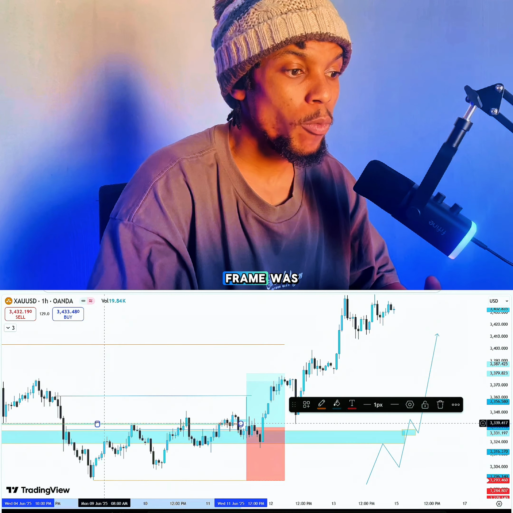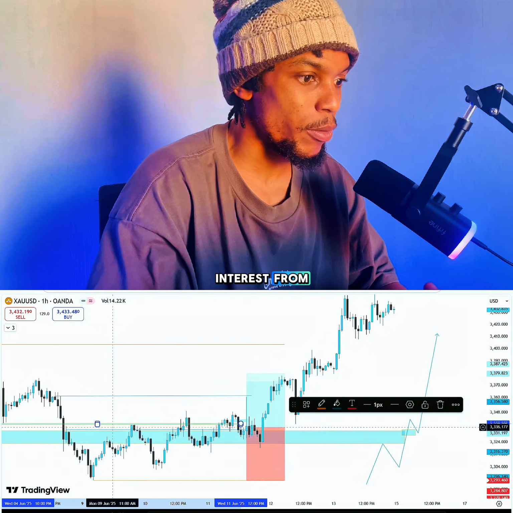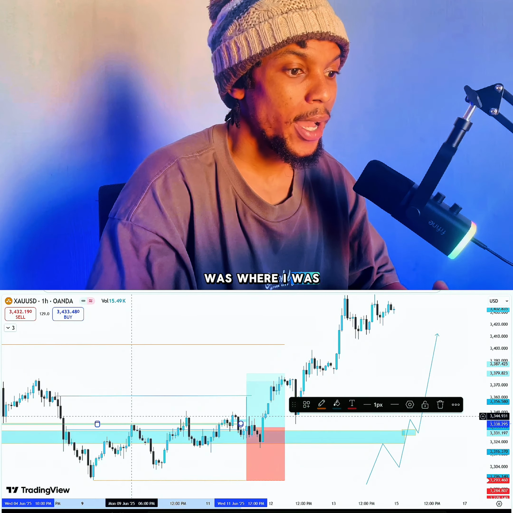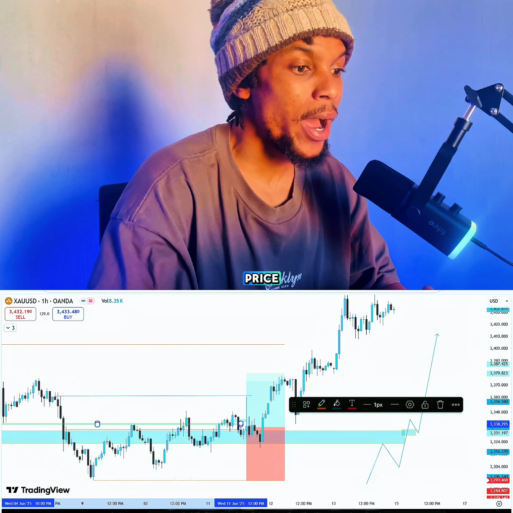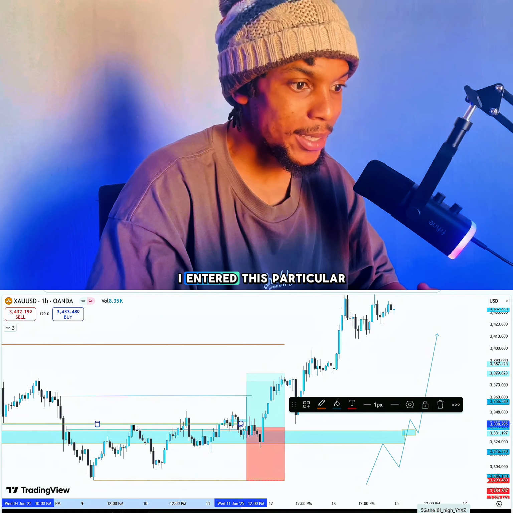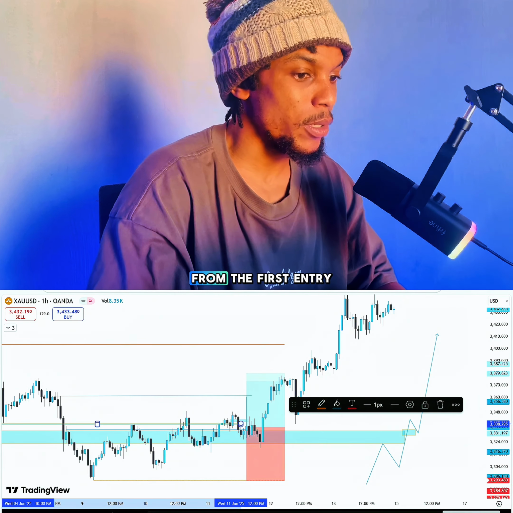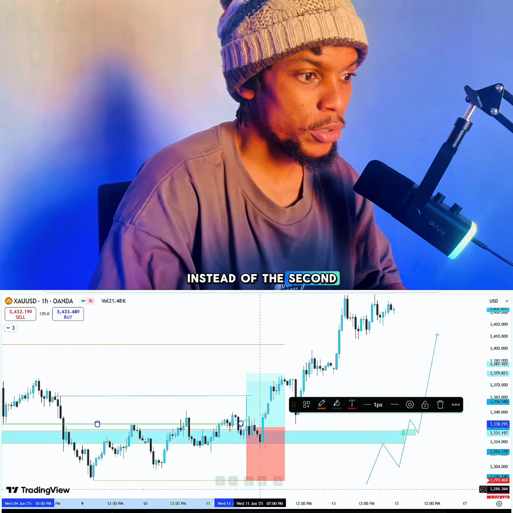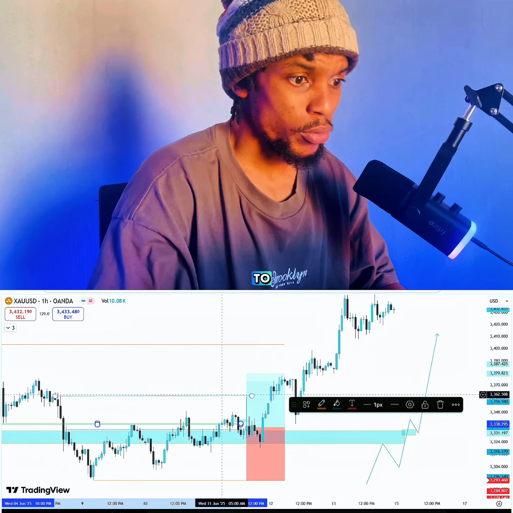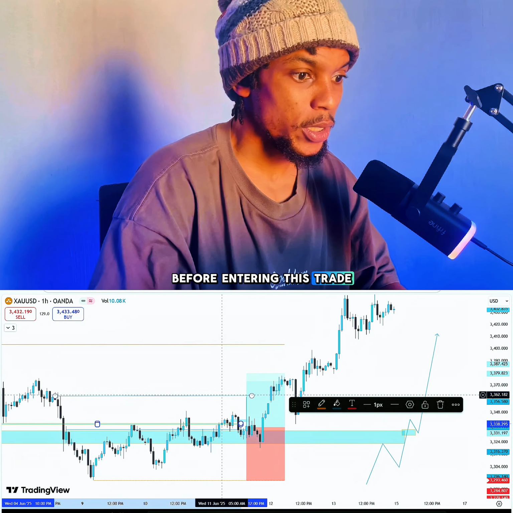And that daily time frame resistance was where I changed my interest. I was interested in seeing price break strongly above it to enter my trade, and that was how I entered this particular trade from the first entry instead of the second, the high I was expecting to be broken before entering this trade, right?